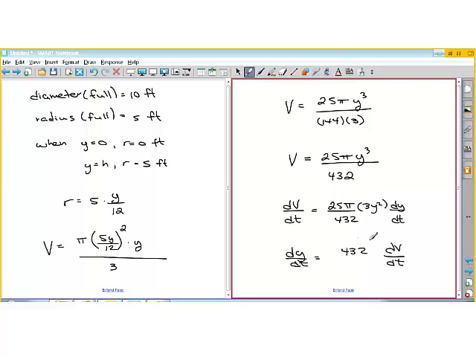So we divide by, so 432 goes to the numerator. 3 times 25 is 75, so 75 pi, and we also have y squared in the denominator. So those are all the constants. That's the rate of change of the volume.